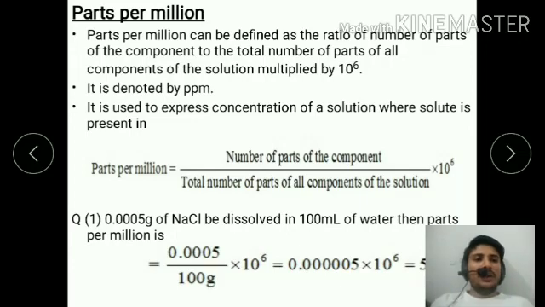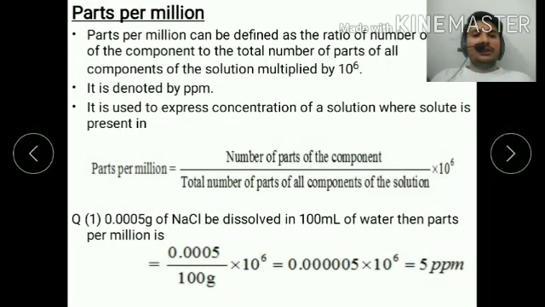Look at the question. 0.0005 gram of NaCl is dissolved in 100 ml of water. Then what is the parts per million? Look at the very small quantity of NaCl. The number of parts of NaCl upon the number of parts of solution, multiplied by 10 to the power 6.